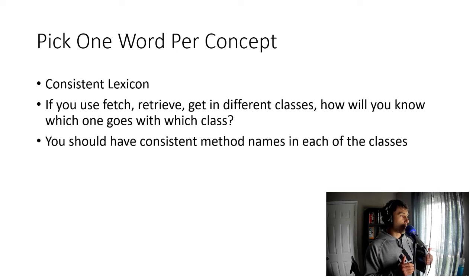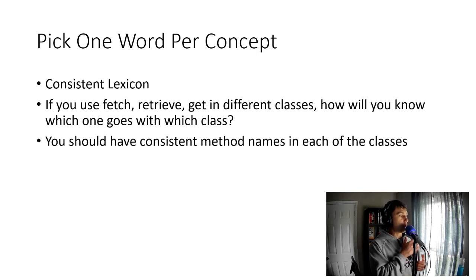Because you could have a fetch list, then a retrieve list, and then a get list. And maybe they're all doing the same exact function. So why not just pick one and run with it? Any sort of retrieval of a list, I'm just going to call it fetch list.